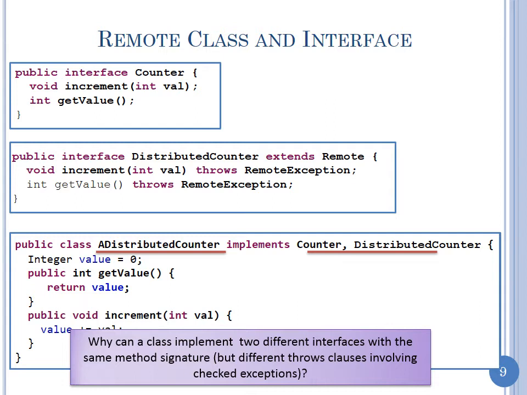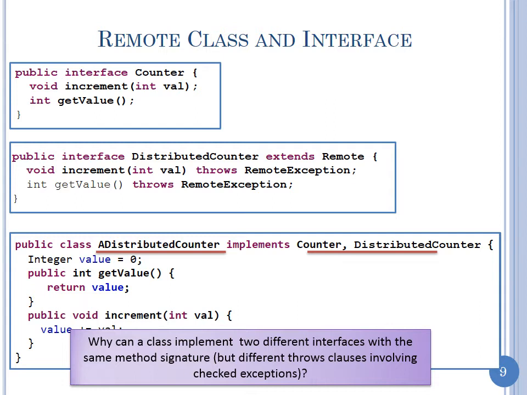Is it legal for a class to implement two different interfaces with the same method header but different throws clauses? Why is it legal for the class to implement both counter and distributed counter, even though they have the same signature with two different throws clauses?